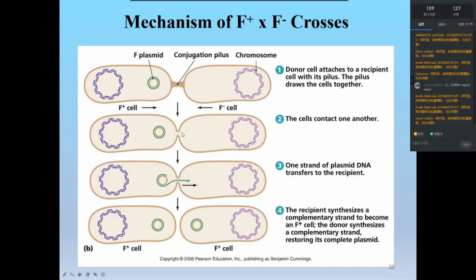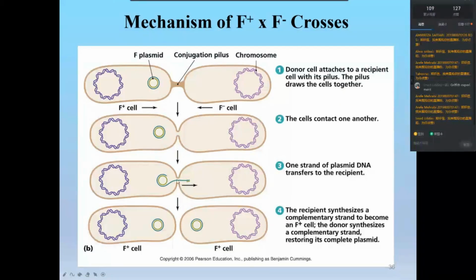There will be a channel or bridge formed, so that through the channel, the donor cell can duplicate and transfer its DNA, in this case the F plasmid, into the recipient cell.